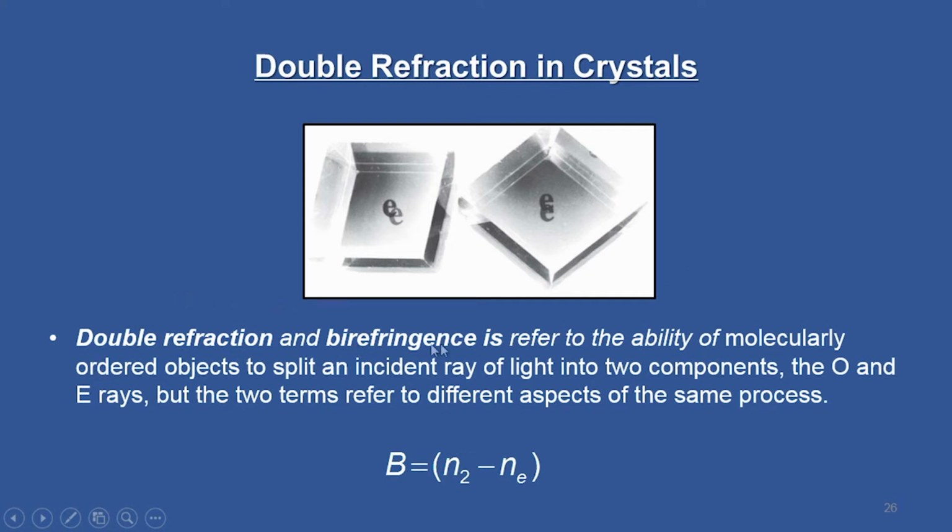Double refraction and birefringence refer to the ability of a molecularly ordered object to split an incident ray of light into two components, the O and E rays, that is ordinary and extraordinary rays. But the two terms refer to different aspects of the same process. B, that is birefringence, is equal to Ne minus No, the difference between these two refractive indices.